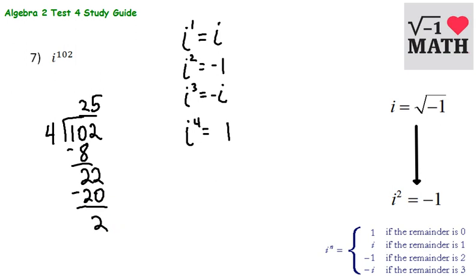All right, so again, let's look at our little list here. i squared would be equal to negative 1 because we're looking at the remainder, right? That number right there. And so what that means, if i squared is equal to negative 1, that means that i to the 102nd power would also be equal to negative 1. Yep, that would also be that.